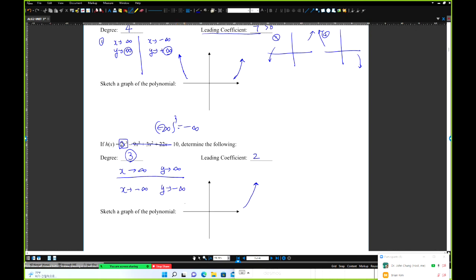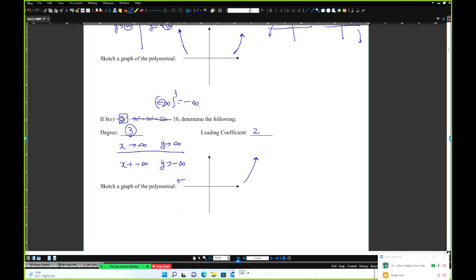To the left-hand side, when you go this way, toward infinity on the left, the value of y falls down. That's the end behavior of the graph.